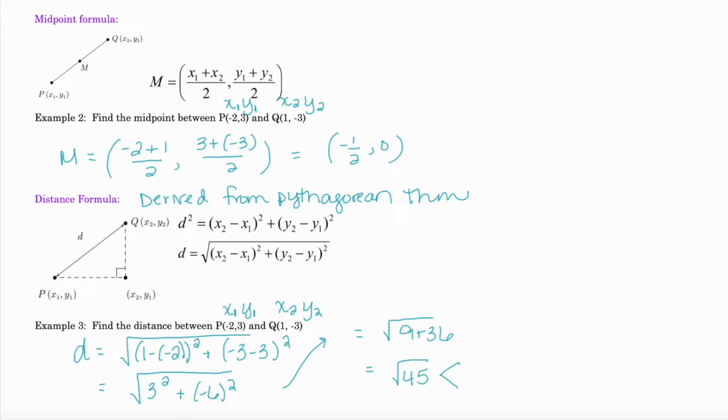I know that 45 is divisible by 9, 9 times 5, and 9 is a perfect square number. So reducing the radical gives me 3 square roots of 5 is the distance between the 2 points. So we found the midpoint of (-1/2, 0), and we also found the distance between these 2 points.